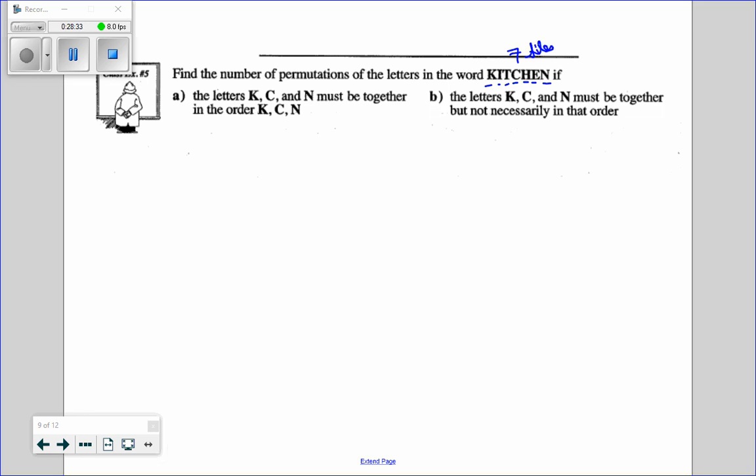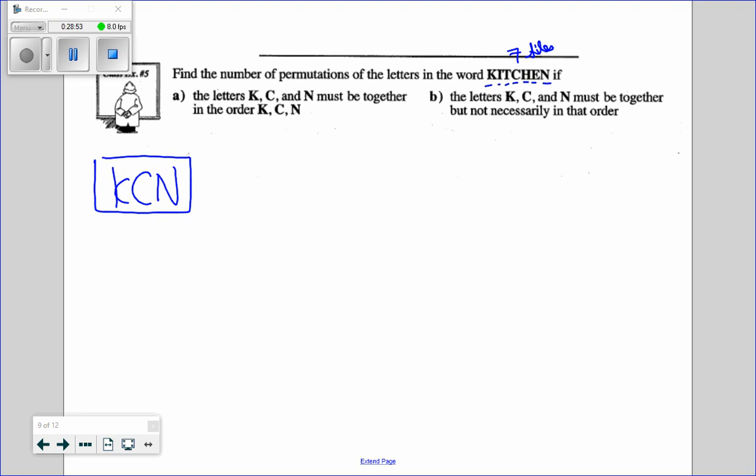The letters K, C, and N must be together, and they must be in the order K, C, and N. So we're going to put K, C, and N together on one tile, and we're going to keep them in that order.